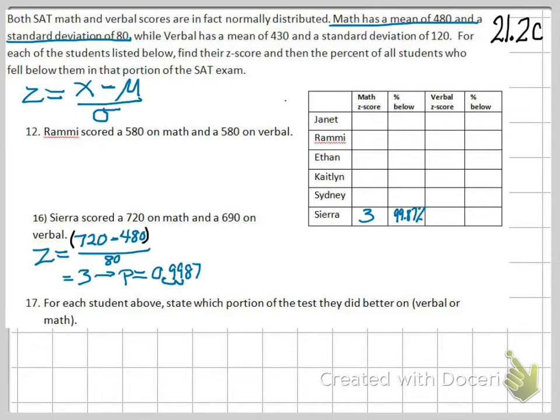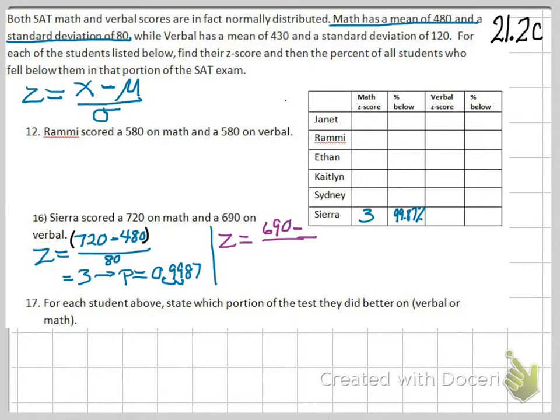That's only halfway there. I also need to figure out Sierra's information about her verbal score. Z-score again. The actual score she got. It's always whatever number of interest you have in the problem. Go back to the top.